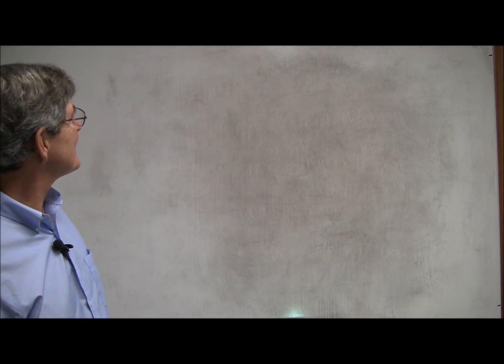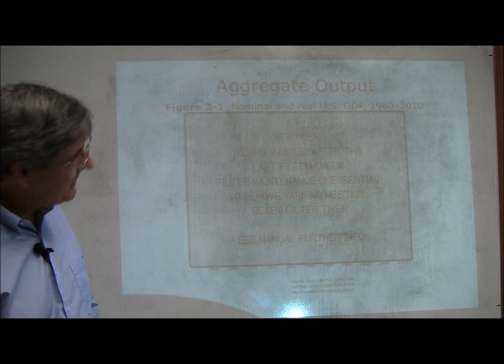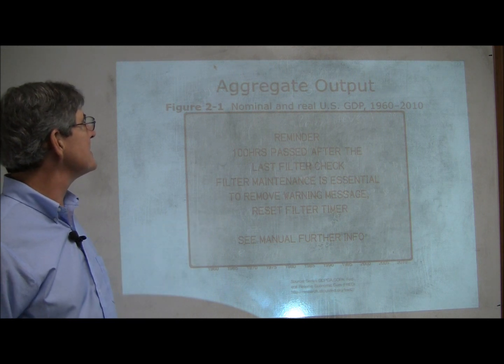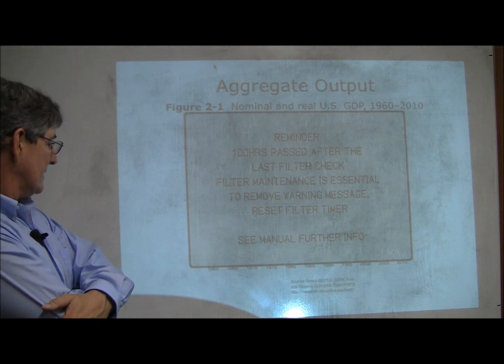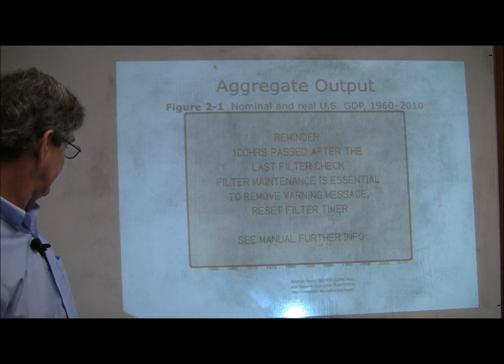I think it ought to be coming up here. Where's the light? There it is. Oh, now it's going to tell me that I need to change the filter. This will go away in a second. Sorry about that, a little bit of a pause here.